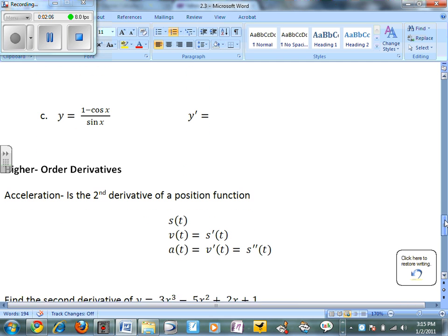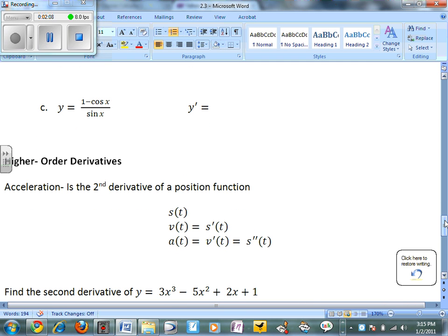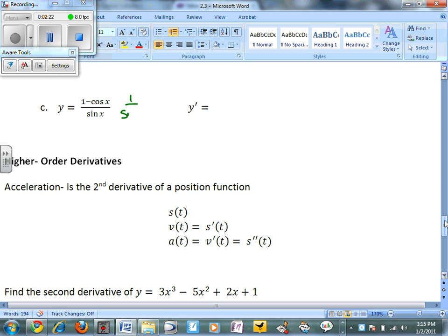The last one here, 1 minus the cosine of x over sine x. If we remember way back to our 8th grade math days or before, in order to add or subtract fractions, we have to have a common denominator. So really, we could rewrite this as 1 over sine of x minus cosine of x over sine of x.